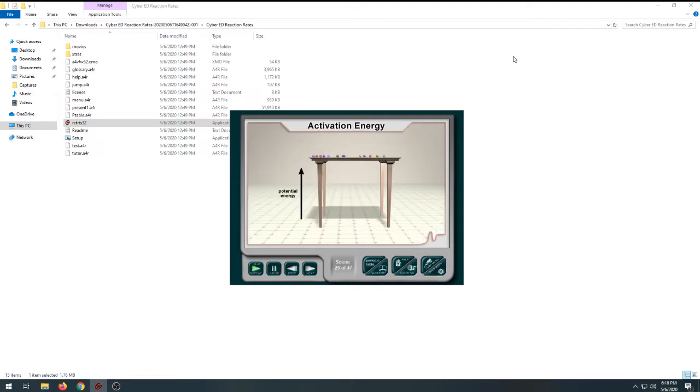In this demonstration, the marbles on the table represent the molecules taking part in an exothermic reaction. When marbles are on the table, they represent the reactants at a high potential energy. When they are on the floor, they represent the products at a lower potential energy. Shaking the table gives the marbles energy, and this represents the kinetic energy imparted to the particles in a system by raising the temperature.